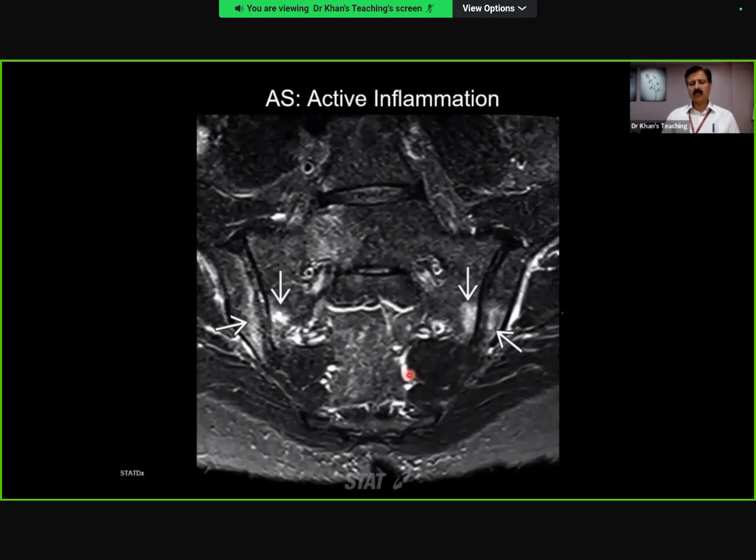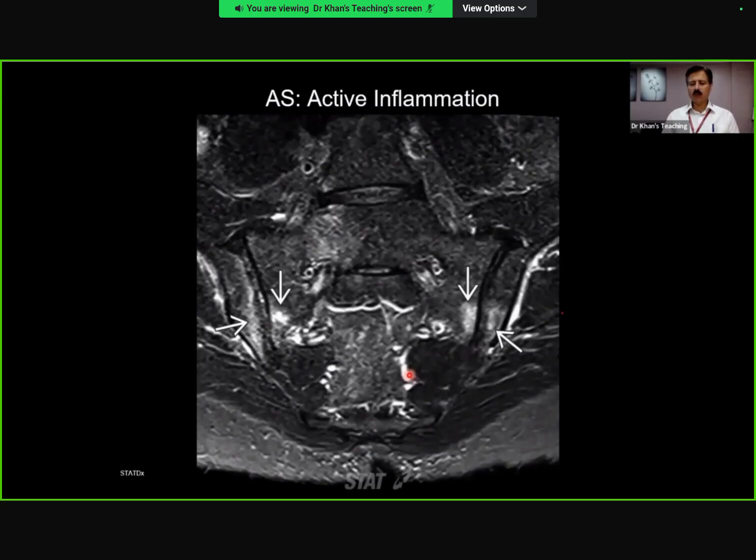Now, T1 is a very good sequence to look at the marrow, and things like erosions are well seen. But STIR is the king sequence as far as bone marrow edema is concerned.